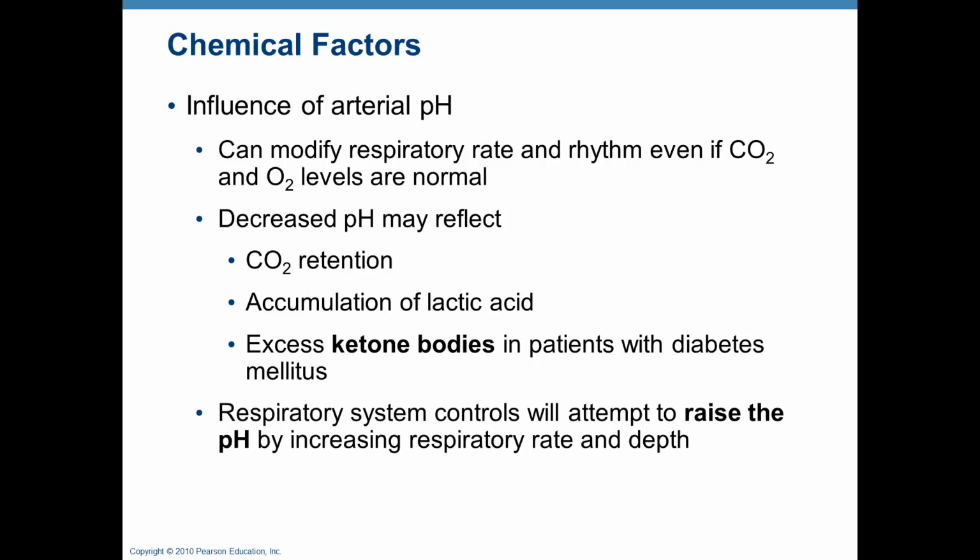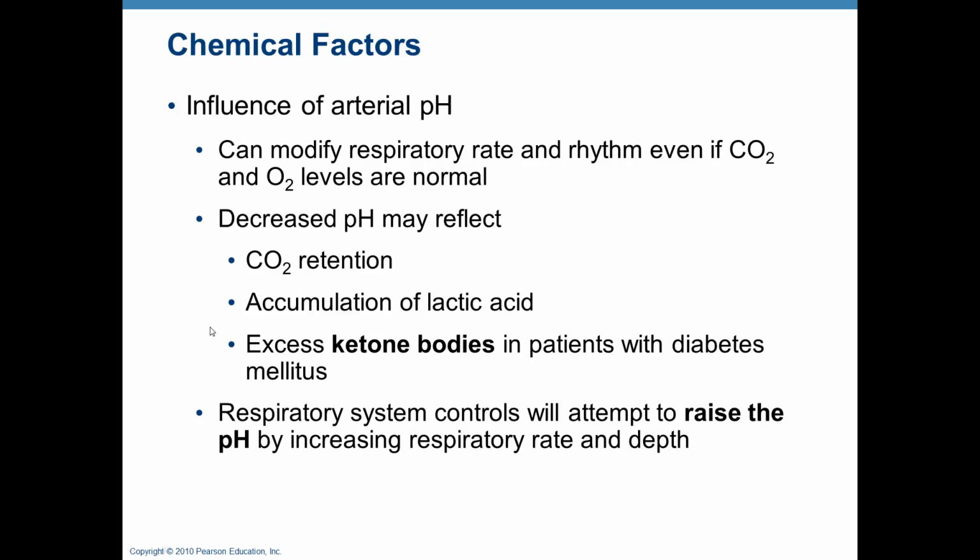Arterial pH. Okay, actually pH just by itself. There are conditions where your CO2 and O2 levels might be completely normal, but you could have decreased pH anyway. For example, if you have accumulation of lactic acid, remember that from the muscular system.